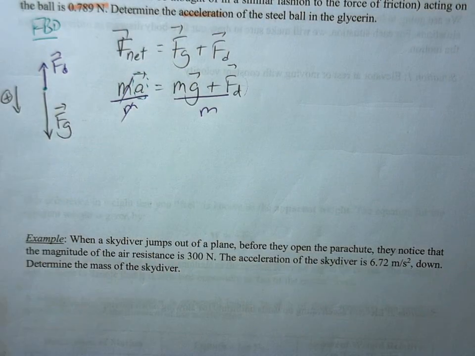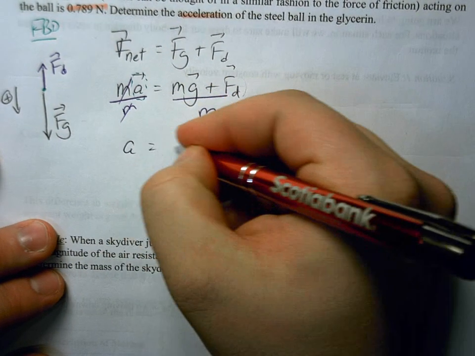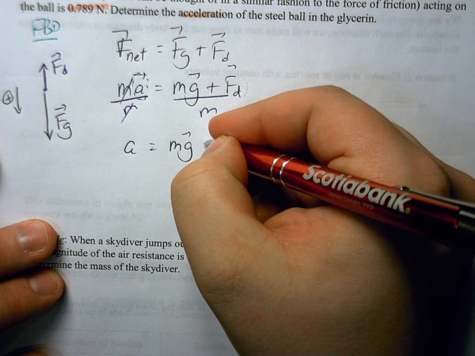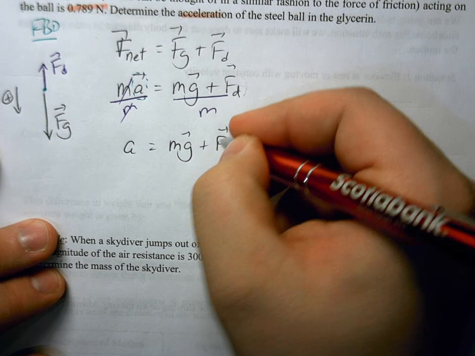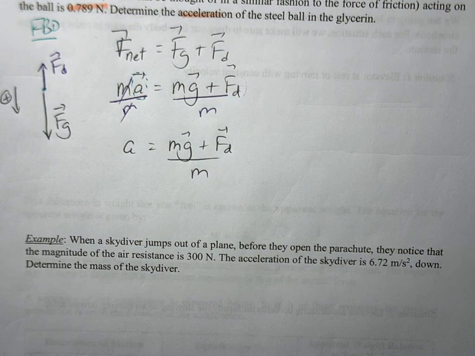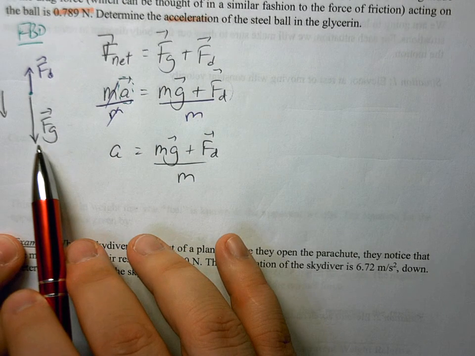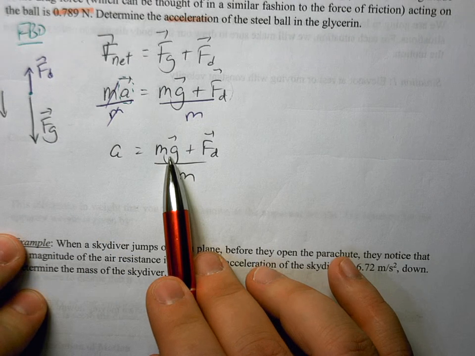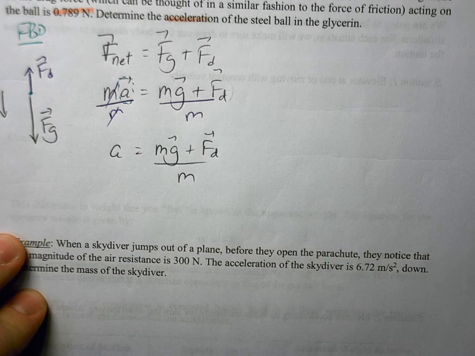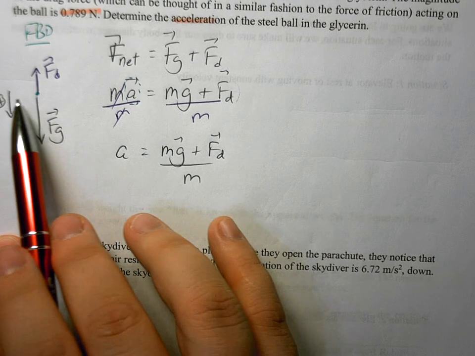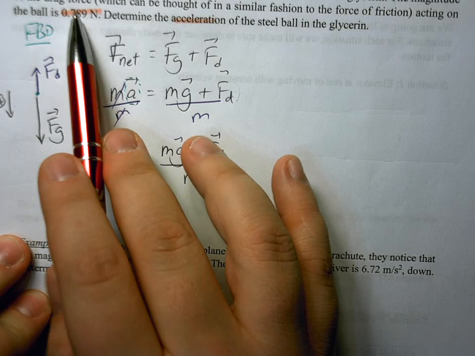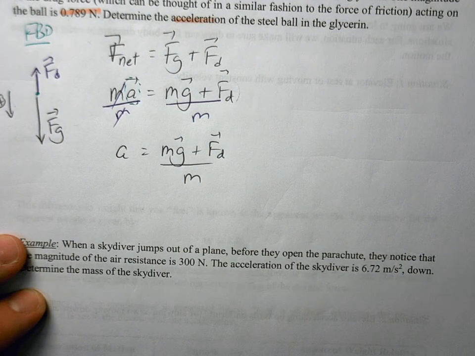So what we get is that the acceleration is this mass times g plus this drag force, once again divided by this mass. The only thing we have to be careful with, again, is direction. We've called Fg down, so g is going to be positive 9.81. We've called the drag force up, or negative, so when we enter that drag force, we're going to enter it as a negative number.